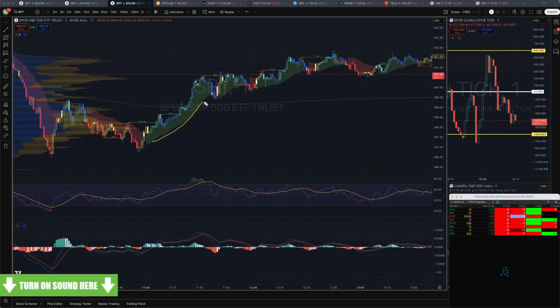This is a green trend cloud up. This is a red trend cloud down. What we're looking for is a change from yellow to light blue. These are basically the colors of the histogram in the TTM squeeze that we use for our TTM trading, right? Our TPS style trades.